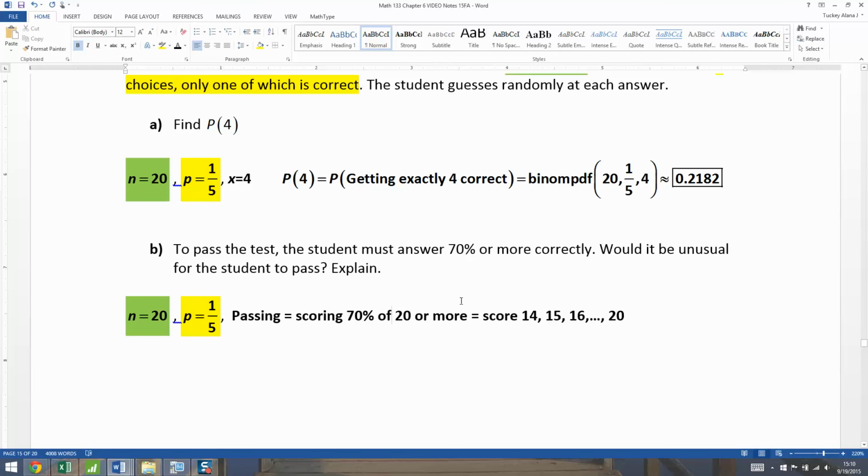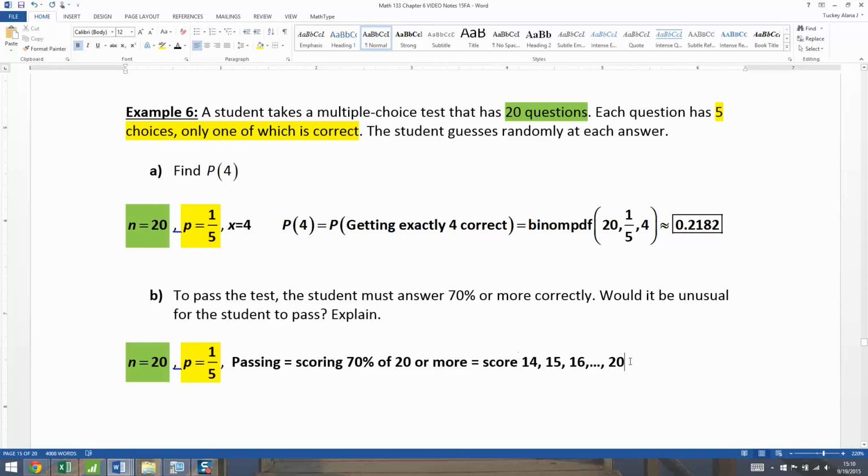Okay, well, what we can do is we're talking about really being greater than or equal to 14. Right, everybody see this? I just typed that up. So passing means you're scoring 70% of 20 or more. That means you're scoring 14, 15, 16, all the way up to 20. And that means your x is greater than or equal to 14. Now, I would love to write it down like that, and you should too for these problems.